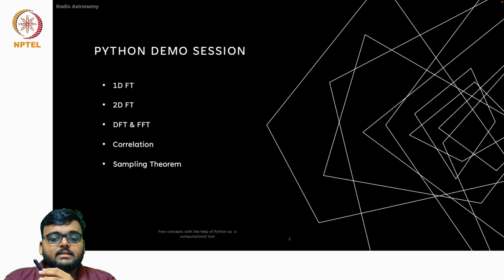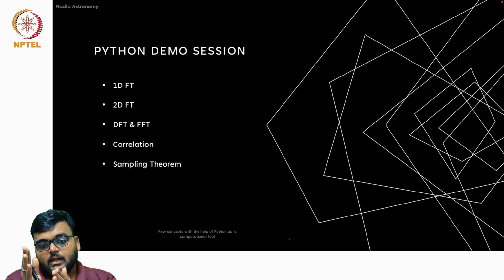Also we studied in week 7 that the aperture and the signal obtained are in a Fourier transform relationship, as well as the visibility and the intensity. So here we will see what is the 2D Fourier transformation, and how we can visualize it.